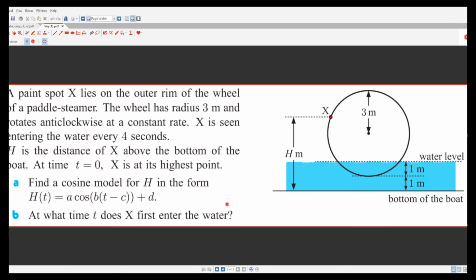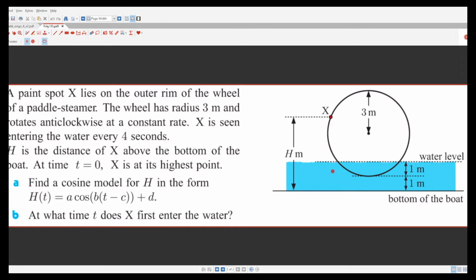Now if I go to the problem: at what time t does x first enter the water? What does it mean? It first enters the water when h becomes 2, because when this point goes into the water, h is this much.